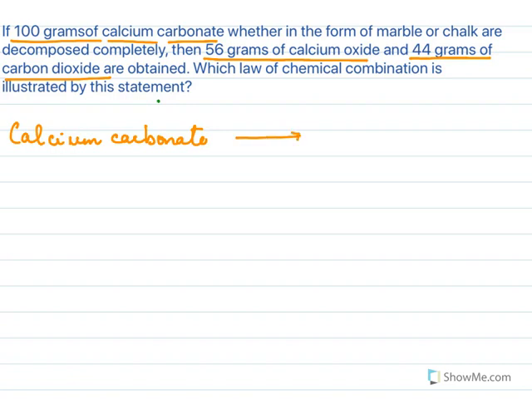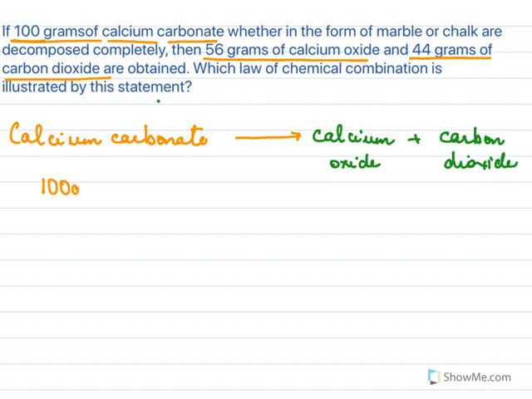We get two products, that is calcium oxide plus carbon dioxide. So here is the reactant. Calcium carbonate, they said, was 100 grams, so this is 100 gram. Calcium oxide was 56 grams. So here 56, and carbon dioxide 44.